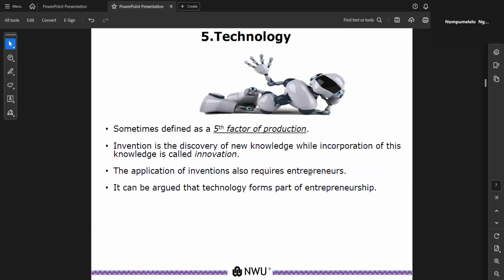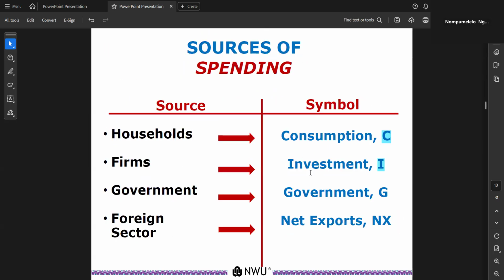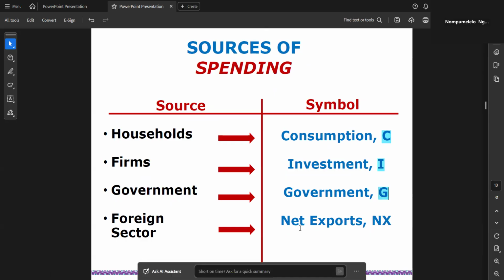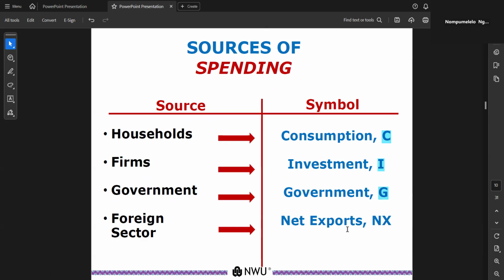So when you buy capital goods, you're basically investing in your business because you're going to earn interest. Government also spends in the economy by providing us with public goods and services. So G is for government expenditure, and then the foreign sector, which is our net exports.